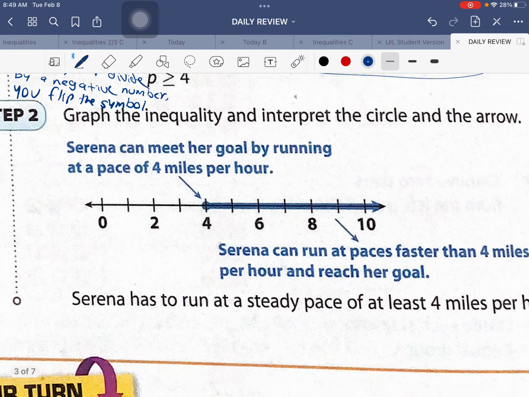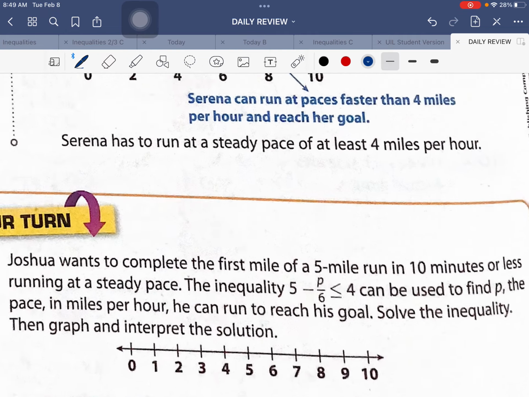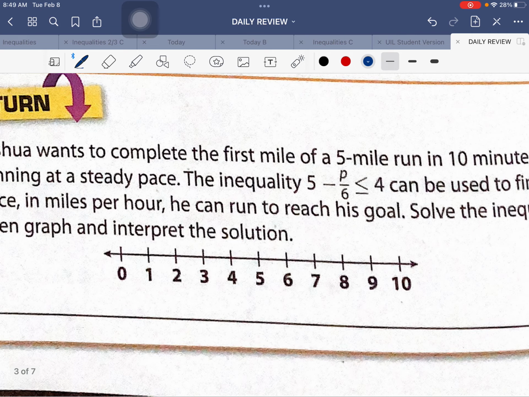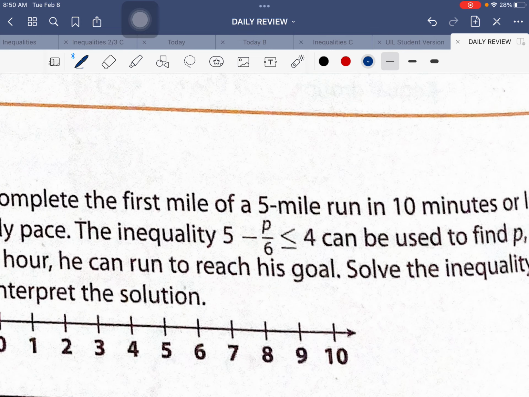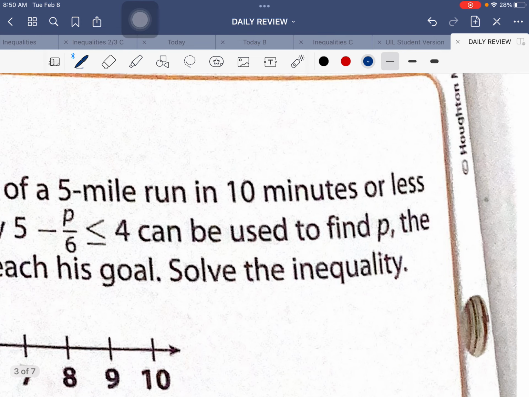Joshua wants to complete the first mile of a 5-mile run in 10 minutes or less, running at a steady pace. Can someone find what's important in this problem? 5-mile run. Okay, 5-mile run, in 10 minutes or less.